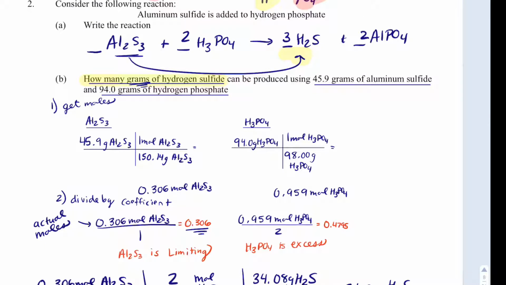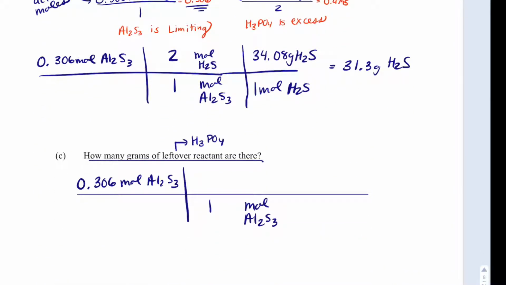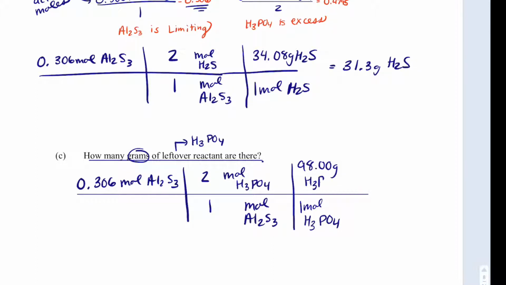Scrolling up, going from aluminum sulfide to hydrogen phosphate, there's 1 mole of aluminum sulfide for every 2 moles of H3PO4. And then they ask for grams, so I'm going to say in 1 mole of H3PO4, there is 98.00 grams of H3PO4.